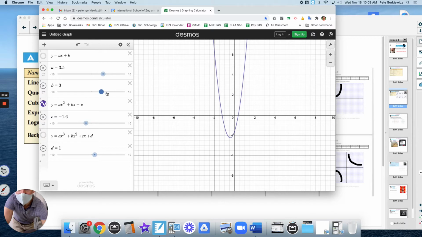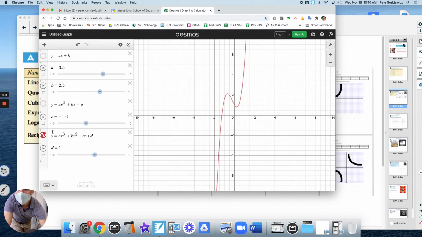The b term messes with how it looks, rocks it around. These seem like they're doing different things, but all of the little mechanics of changing a's, b's, and c's do similar things to them. We'll talk about what they do in transformations. That's what this whole unit's about. For now, we're just getting used to generally what they look like.